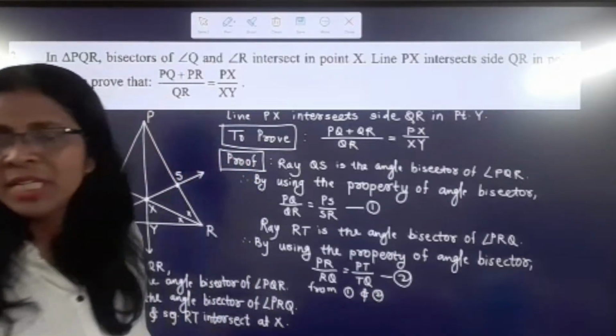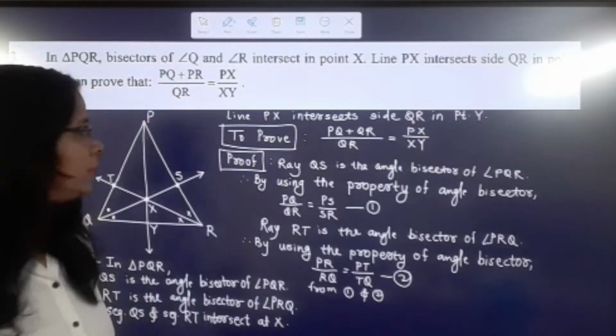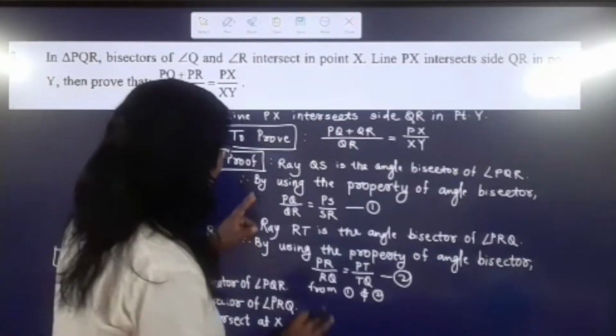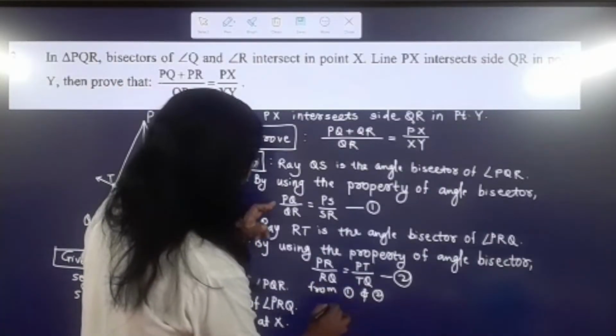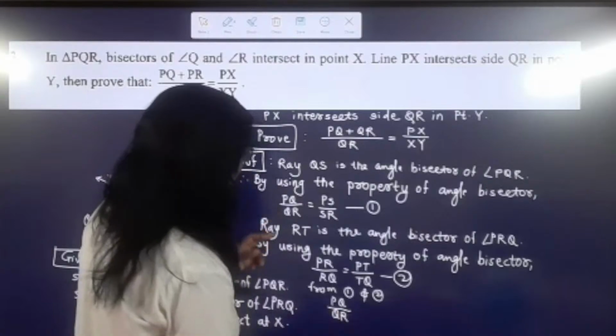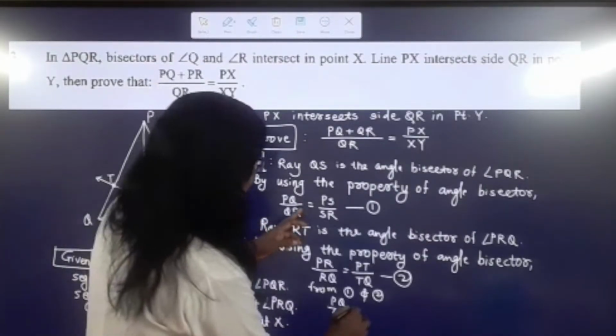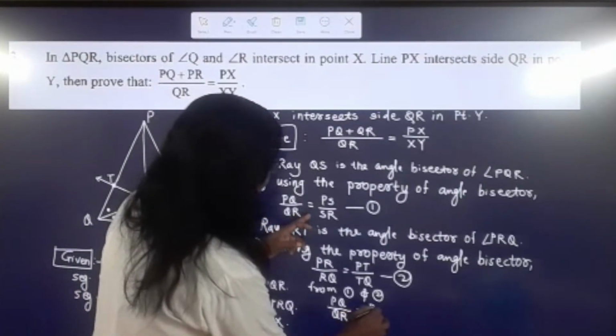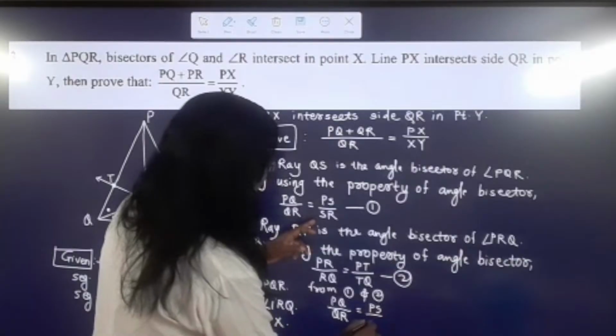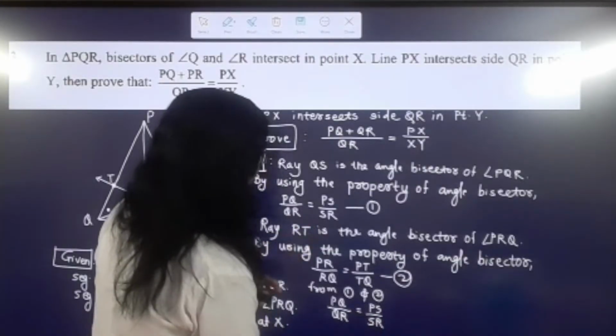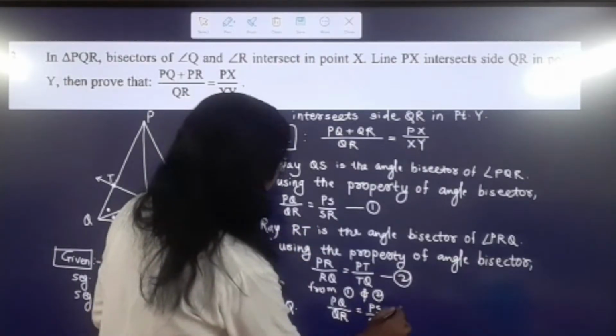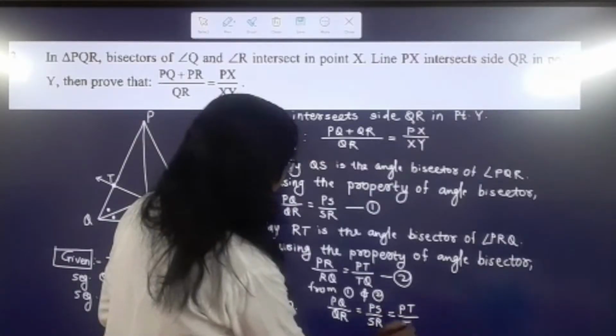First I write down from 1 and 2 that PQ upon QR is equal to PS upon SR, which is equal to PT upon TQ.